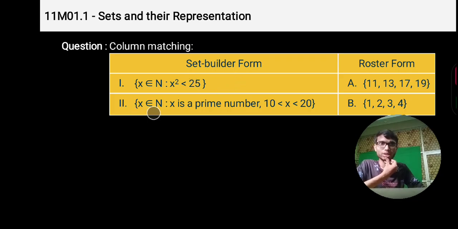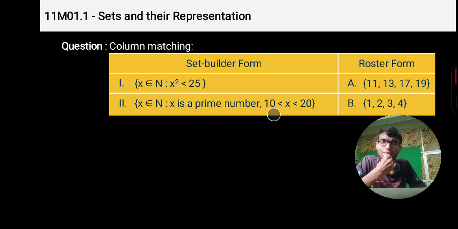Now next we have x belongs to natural numbers such that x is a prime number. Prime number, not even number: 2, 3, 5, 7, 11, all these are prime numbers.